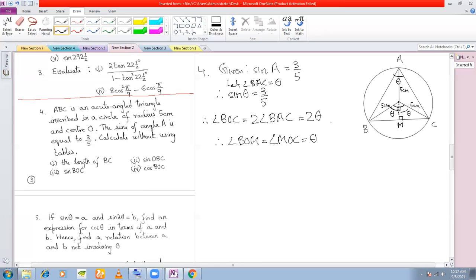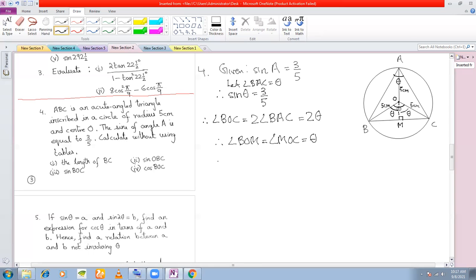Okay. Now look at this triangle, triangle BOM. This is the point O. Let me write it once again. In triangle BOM, OB is the hypotenuse. You know the hypotenuse. And what is BM? BM is the base, right?